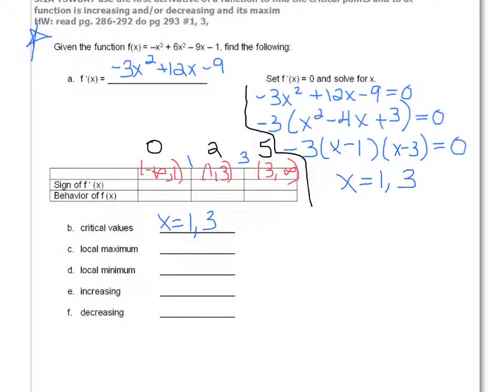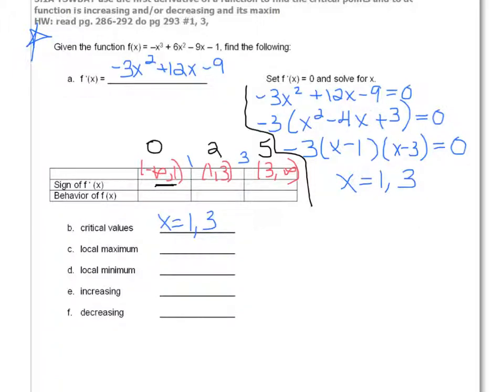So when I plug in 0 to the derivative, I'm actually going to do it in the non-factored form. So negative 3, and this is going to be positive because 0 minus 0 plus 3 is positive. So that's going to give me a negative value.